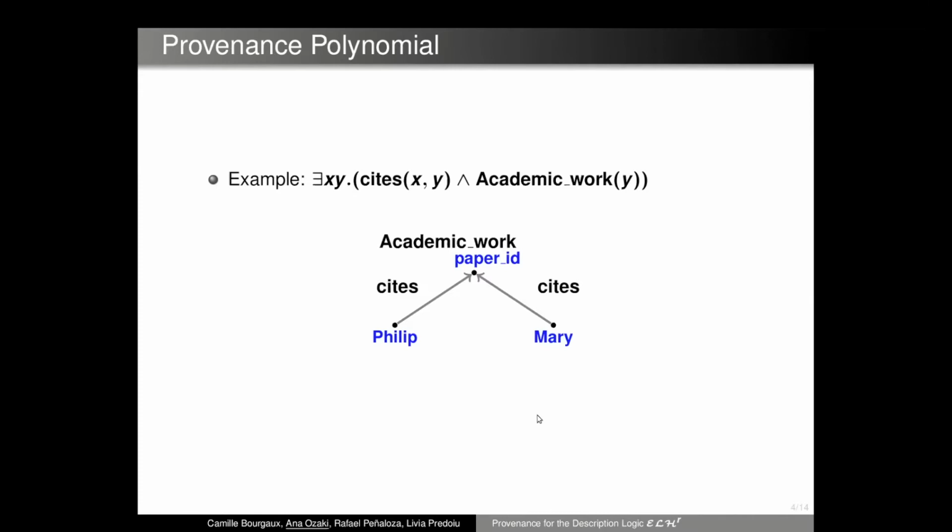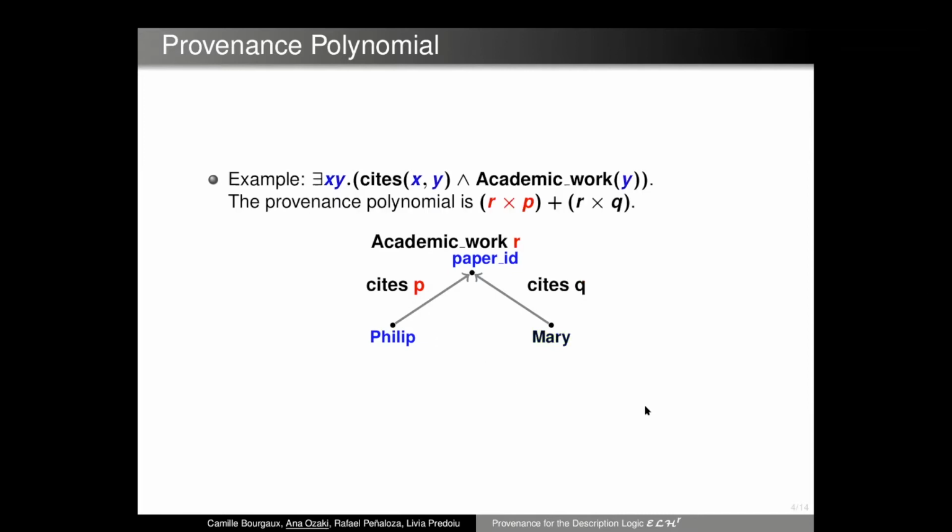If we want to see which parts of the data are used and how, the way it is done, as it was first proposed in database theory, was to annotate each tuple with a symbol, here with P, R, and Q. And the provenance polynomial would be R times P plus R times Q.